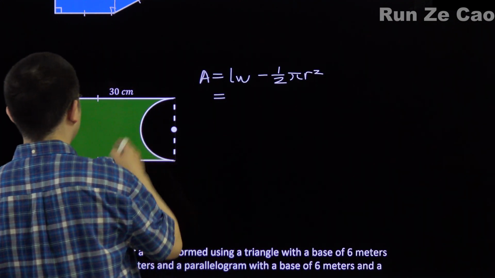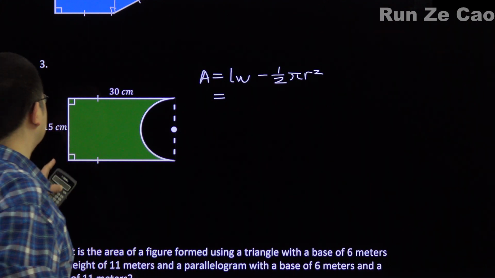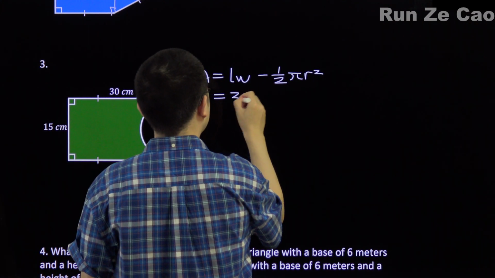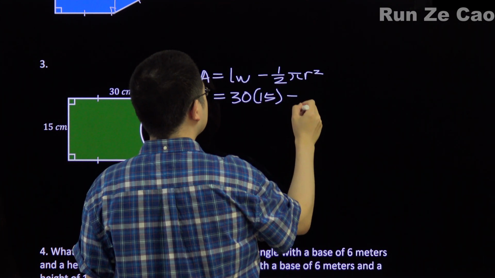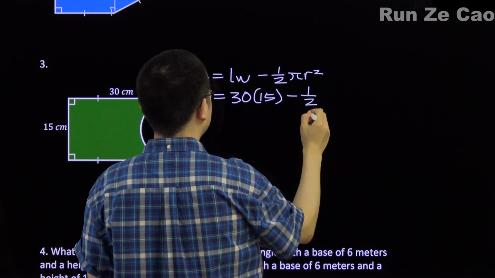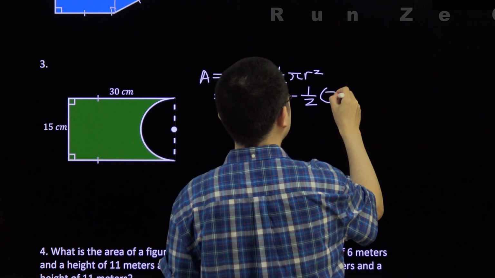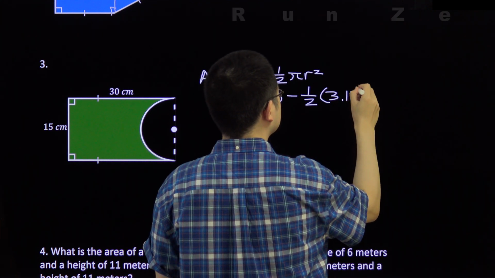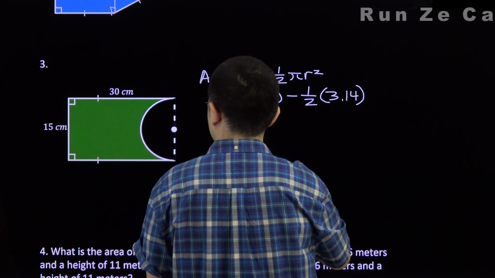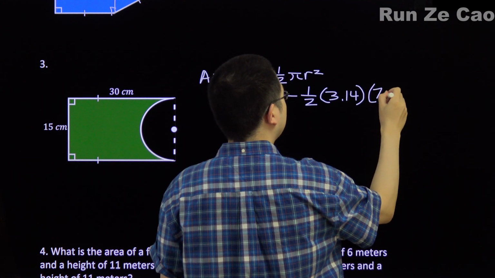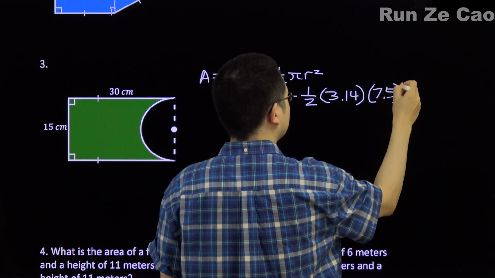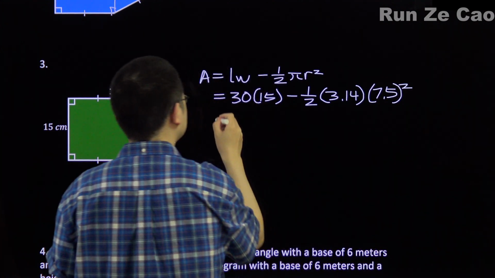So length is 30 centimeters, width is 15 centimeters. 30 by 15 minus 1/2 pi is 3.14. And the radius here is half of 15, or 7.5 squared.